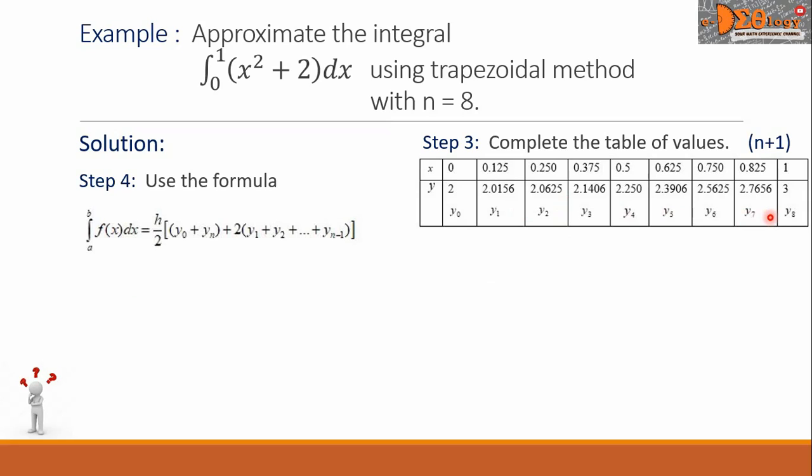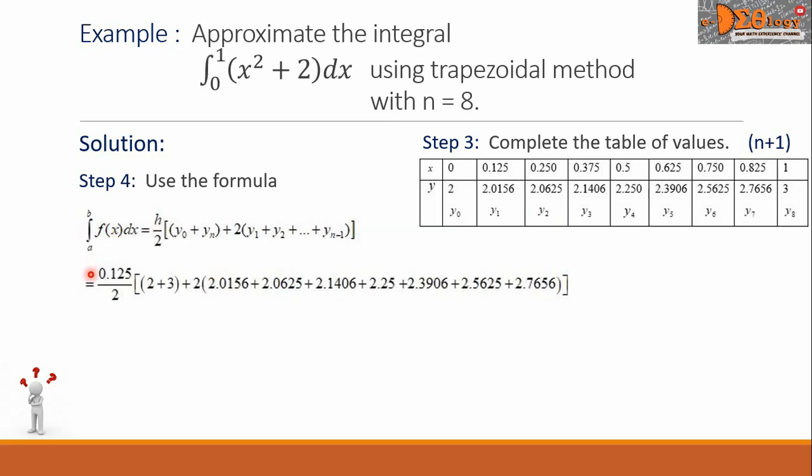Now, step 4, we're going to use the formula. Then let us substitute the corresponding values. So our h is 0.125 over 2 times the quantity y sub 0 plus y sub n, in this case y sub 8.